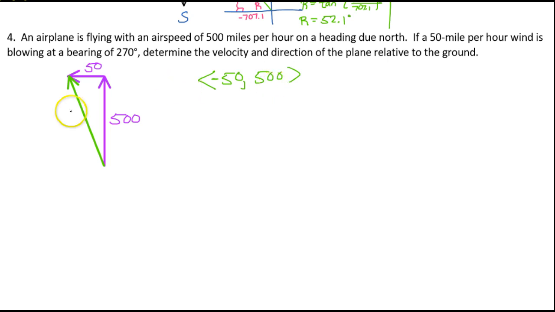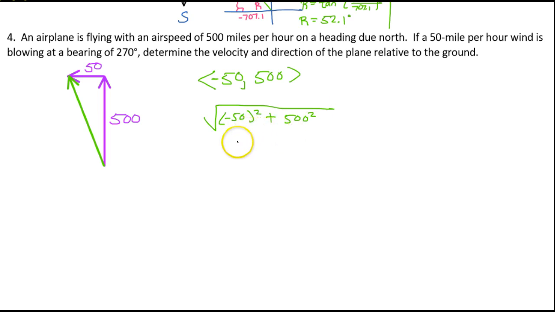This is the resultant vector. The magnitude of this is going to be the square root of negative 50 squared plus 500 squared. That's going to be the magnitude.